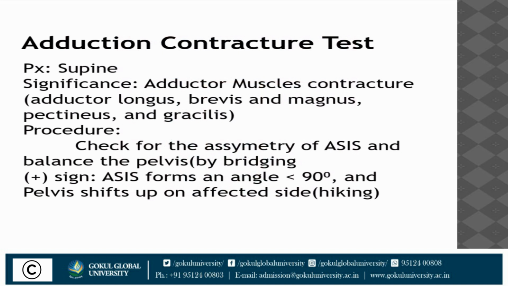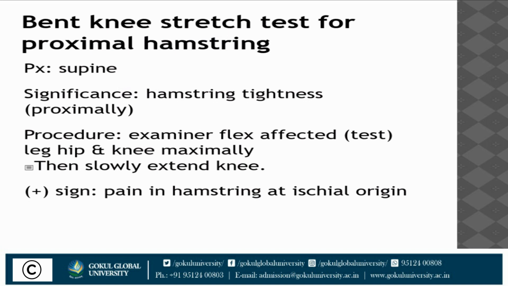Positive sign: if ASIS forms an angle less than 90 degree and pelvis shifts up on the affected side, that is hip hiking occurs, that means there is adduction contracture present on the hiked side. That means if hiking has occurred on right side, that means right side adductors are tight or contracted. So that was abduction and adduction contracture test.